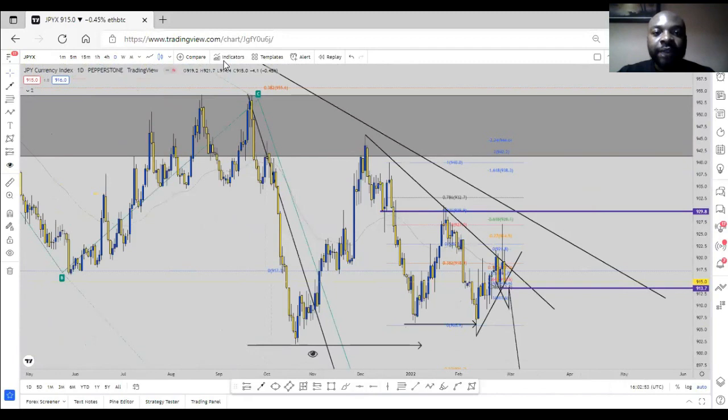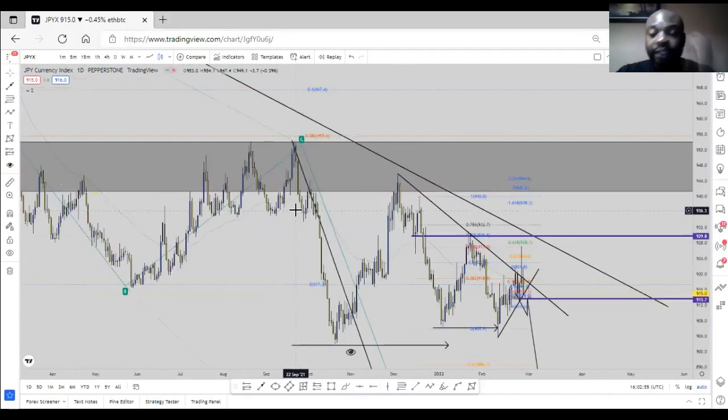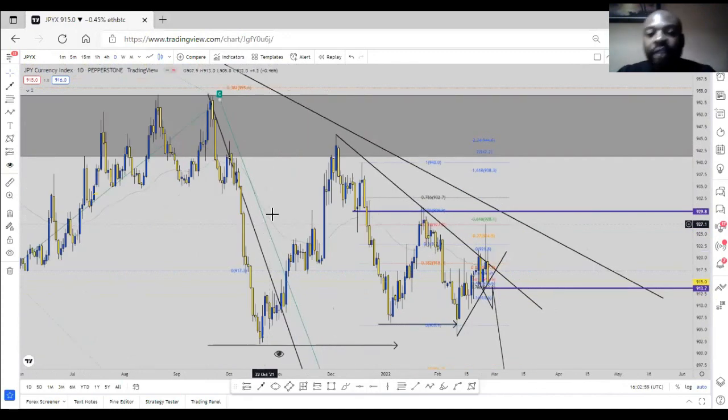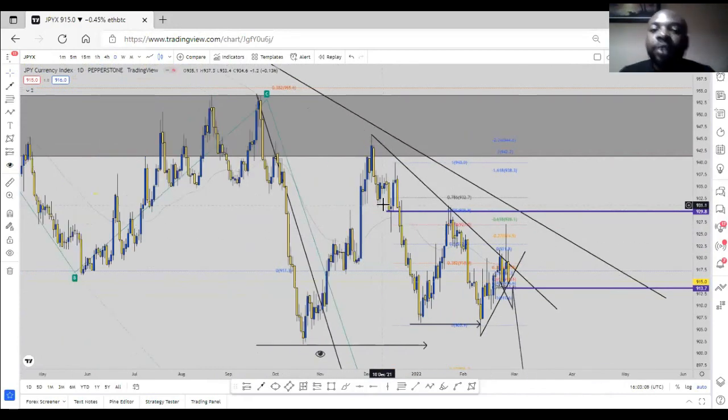Now, these things are very, very simple. You can see how I was able to break this chart down in less than 5 minutes. It was that easy. So you should come to a point where you're looking at these structures, looking at the chart, and you can tell what the market is going to do in less than 4 minutes.